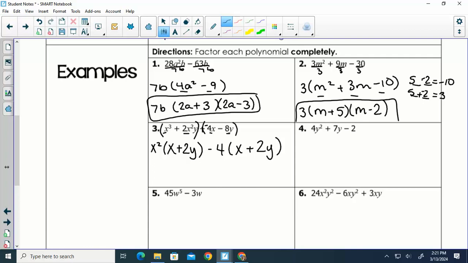So now what do we do? Yeah, so it's like factoring out that x plus 2y, and it's a times for the final one. So if I took out that, we have an x squared. If I took out this, it's a minus 4. All right. Does anyone see anything here?